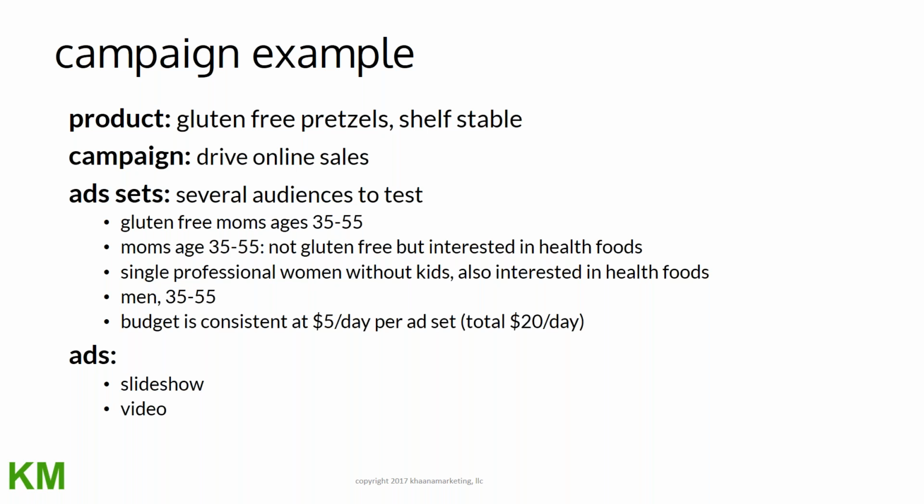Now, the ad sets, we're not going to create all of these on the demo itself, but we can create at least one, which is gluten-free moms, ages 35 to 55. The reason I picked those ages is just to illustrate a scenario in which you're targeting a certain age group.